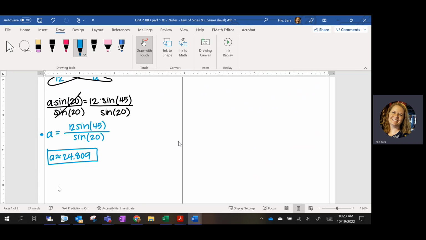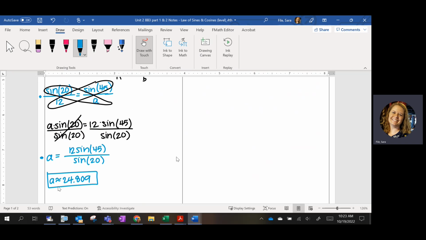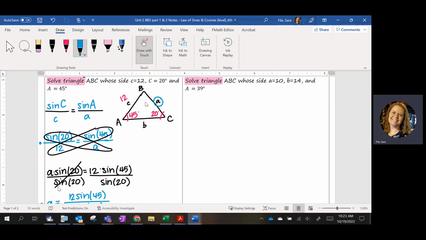All right, one down, two to go. We've got one missing side done. So looking at this triangle, what do you think is the easiest part of this to solve for? What do y'all remember about angles of a triangle? Yeah, so when you're given two angles, it's actually really easy.